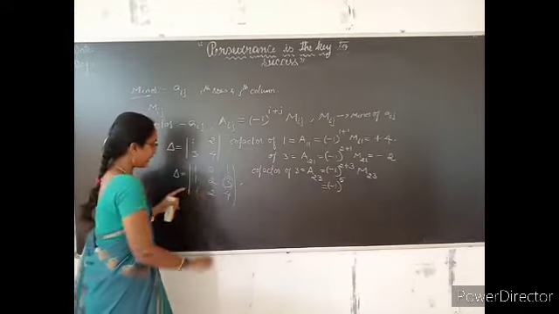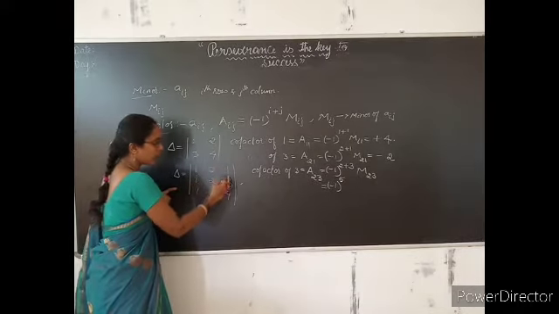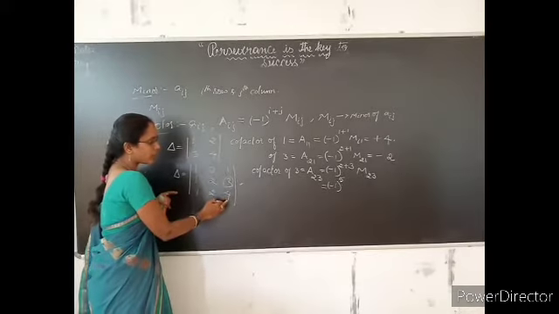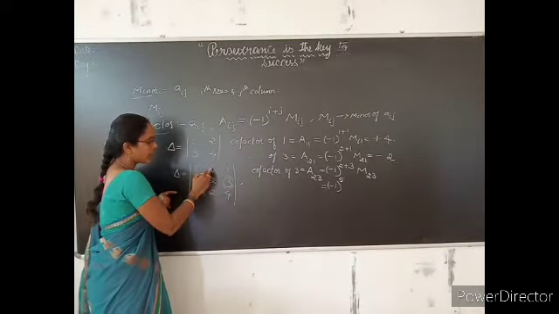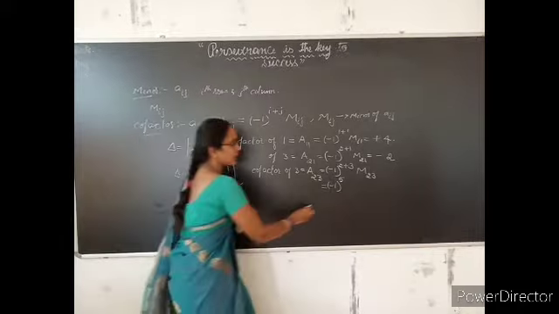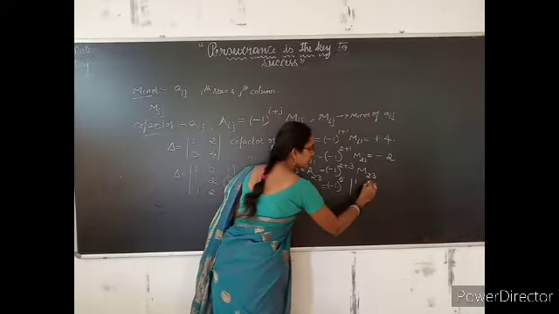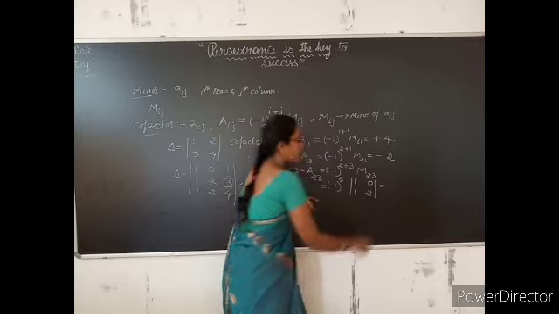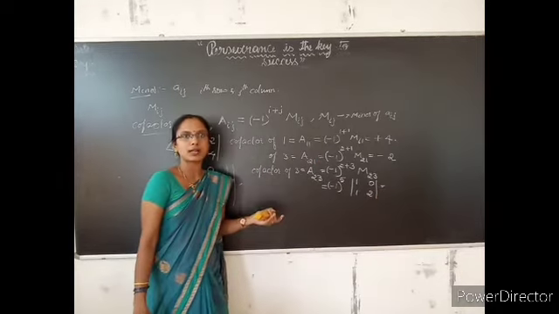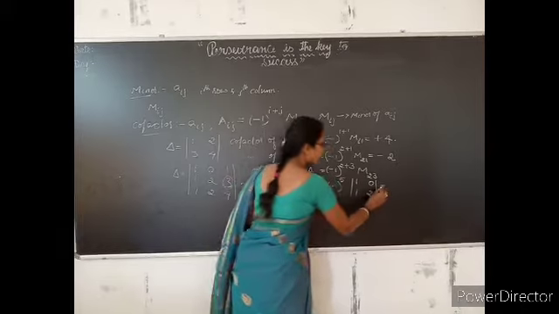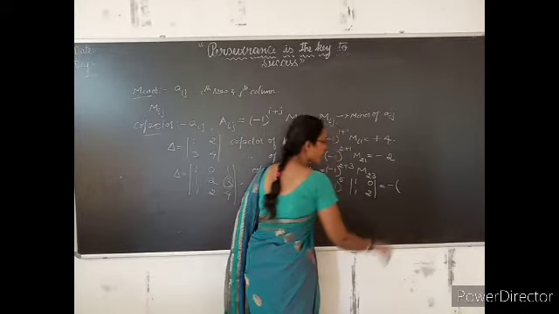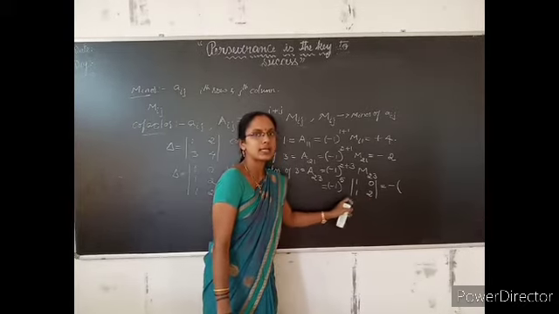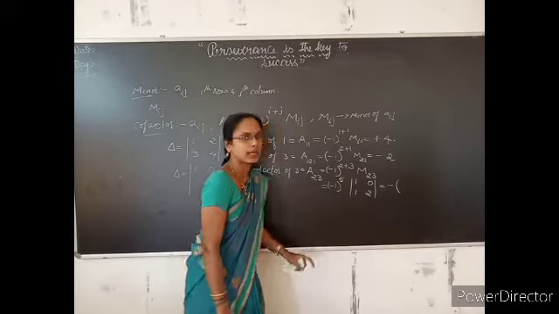What is M23? Delete the second row and third column. We will get the determinant 1, 0, 1, 2. So this equals minus, since minus 1 to the power of any odd number is minus itself. You know how to evaluate a 2 by 2 determinant: multiply the diagonal elements minus multiply the non-diagonal elements.